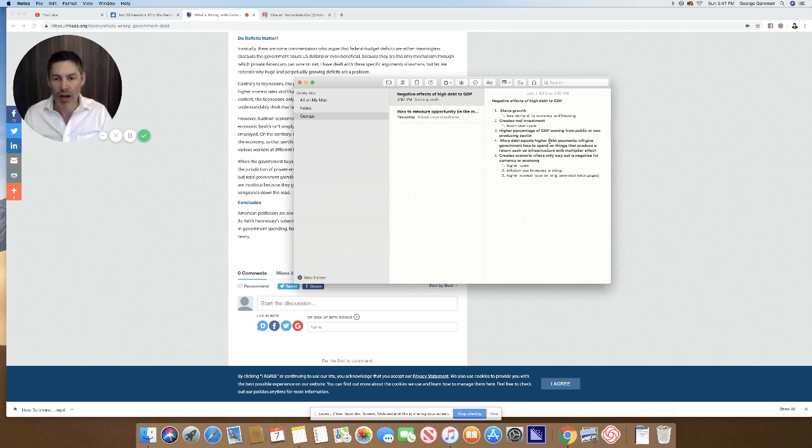More debt equals higher debt payments, which will give government less to spend on the things that produce a return, like infrastructure with the multiplier effect. We discussed that in the top 10 reasons here. It creates a scenario where the only way out is negative for the currency or economy, meaning the only way out is higher taxes or inflation due to printing money, which becomes a government's only option.